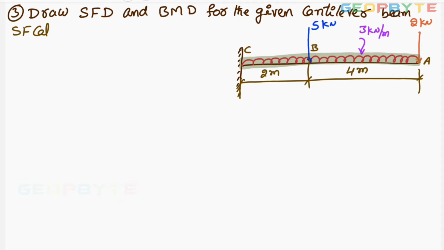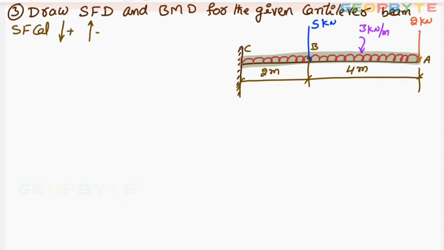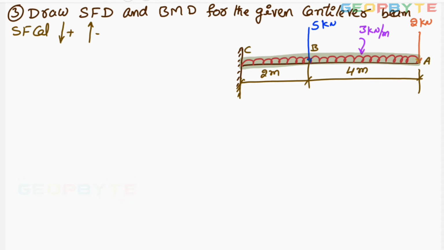For a shear force calculation, generally downward forces are taken positive and upward forces are taken negative, like this. Now let us have the SF calculations.